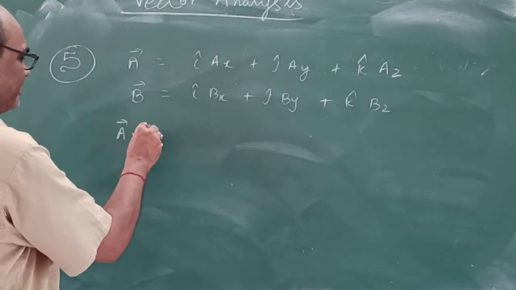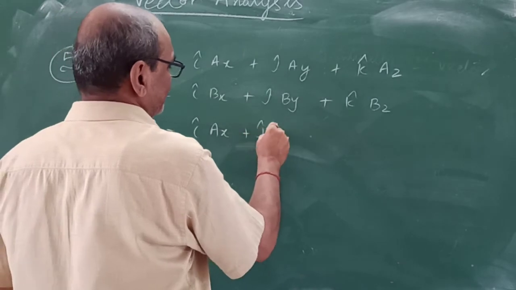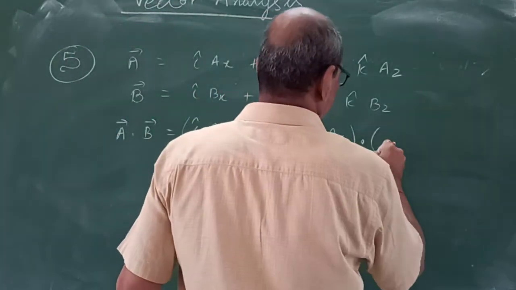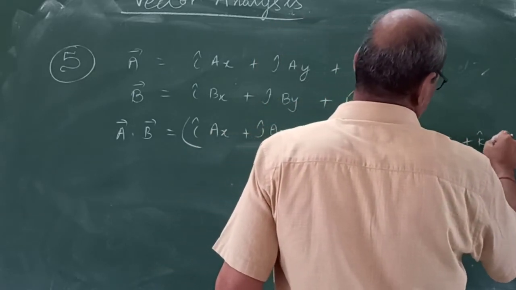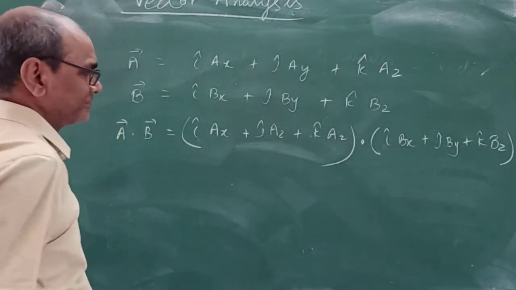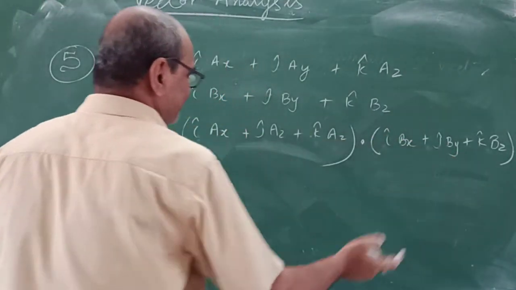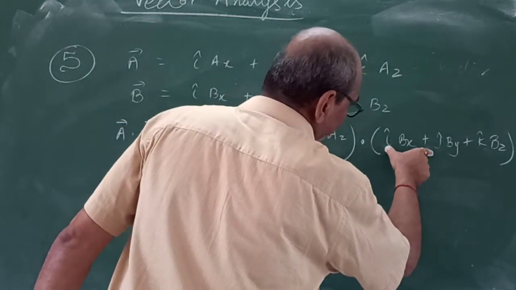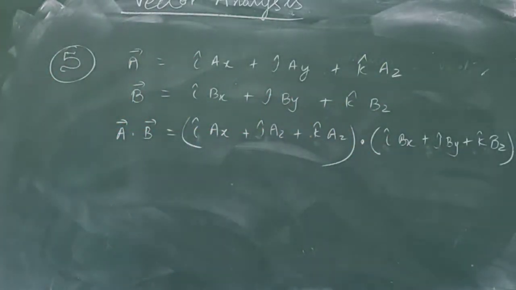A dot B is equal to (i Ax plus j Ay plus k Az) dot (i Bx plus j By plus k Bz). I have already told you i dot i is equal to 1, j dot j is equal to 1, k dot k is equal to 1, i dot j is equal to 0, j dot i is equal to 0, j dot k is equal to 0.